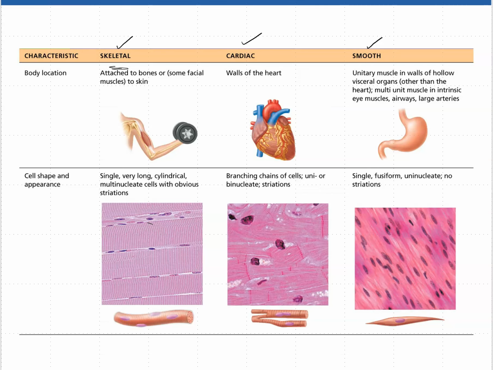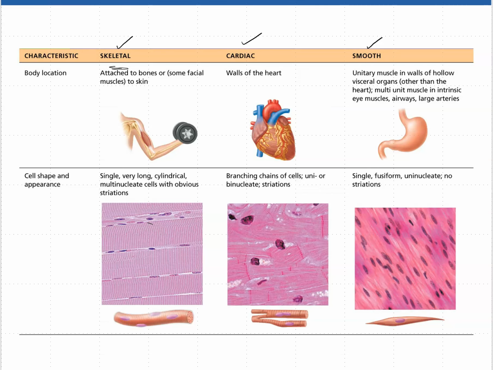Cardiac muscles, on the other hand, are involuntary and cannot be consciously controlled. The muscle contracts at a steady rate due to the presence of a pacemaker, but the nervous system can increase or decrease the heart rate.